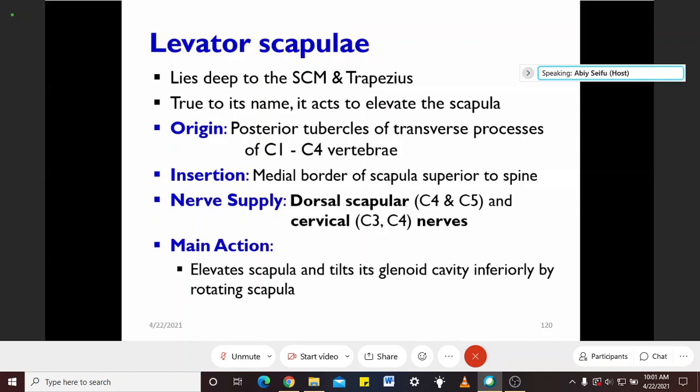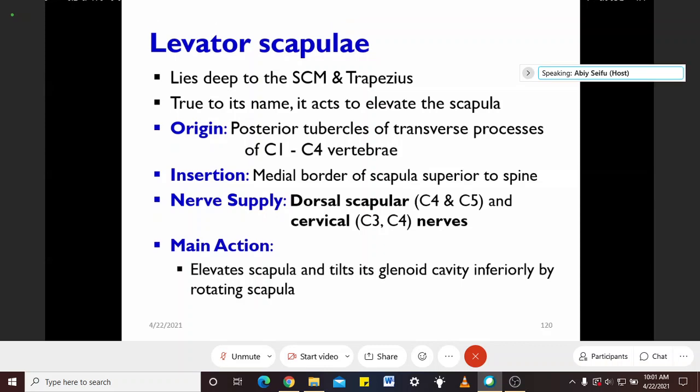The other muscle is the levator scapulae. As the name tells, it elevates the scapula, pulling it superiorly. It is found deep to the sternocleidomastoid and trapezius muscles. It arises from the posterior tubercles of the transverse processes of C1 up to C4.